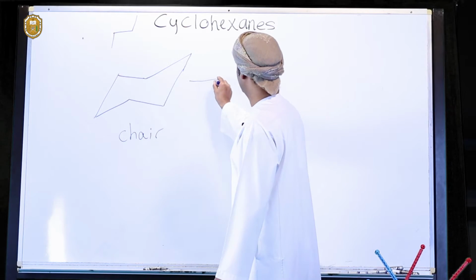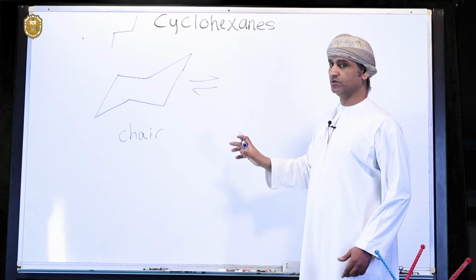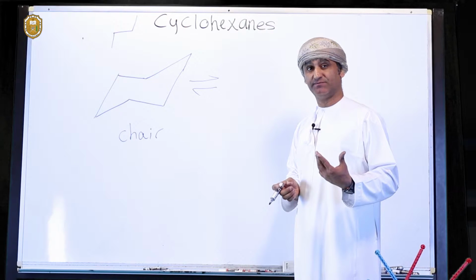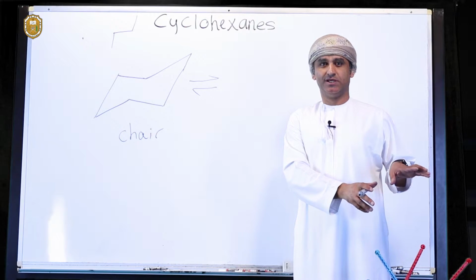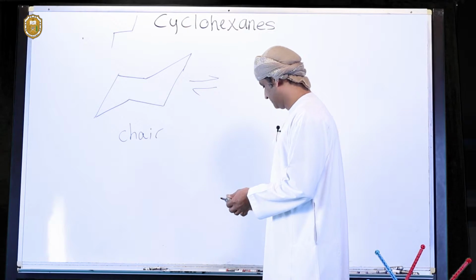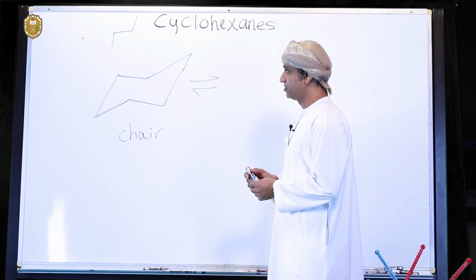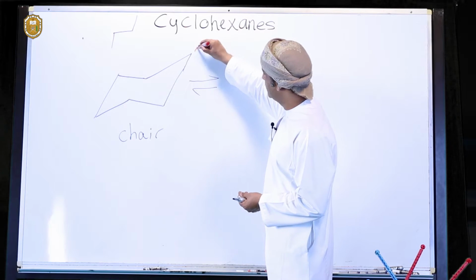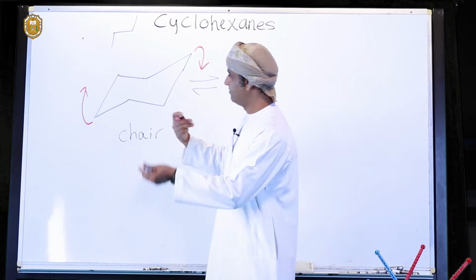Now we can interconvert a chair into a boat transiently, and then we go from that boat to the other chair, as we showed using Darling models. To get to the other chair, we have to take this carbon which is now up and take it down, and of course that carbon has to be taken up, so we flip.